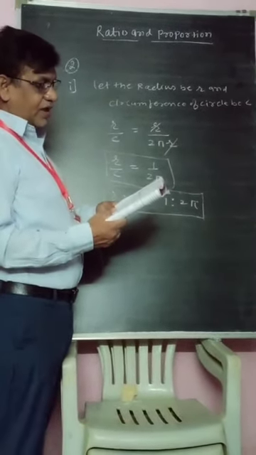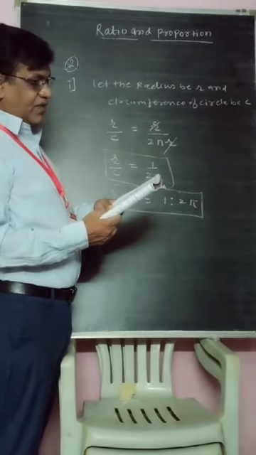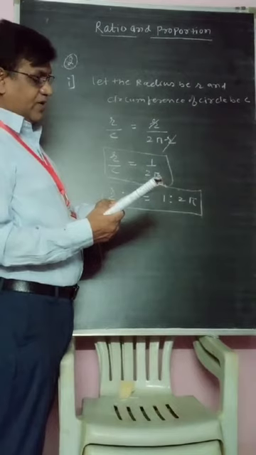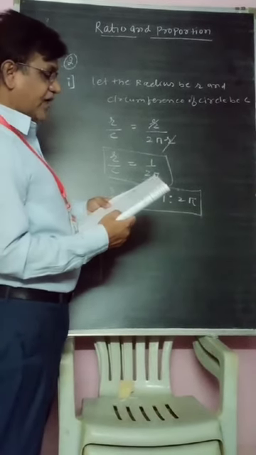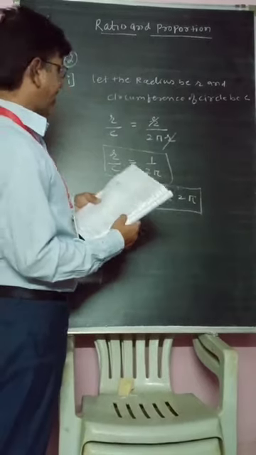The ratio of the diagonal of a square to its side if the length of the side is 7 centimeter. See first, the ratio of the diagonal of the square to its side.